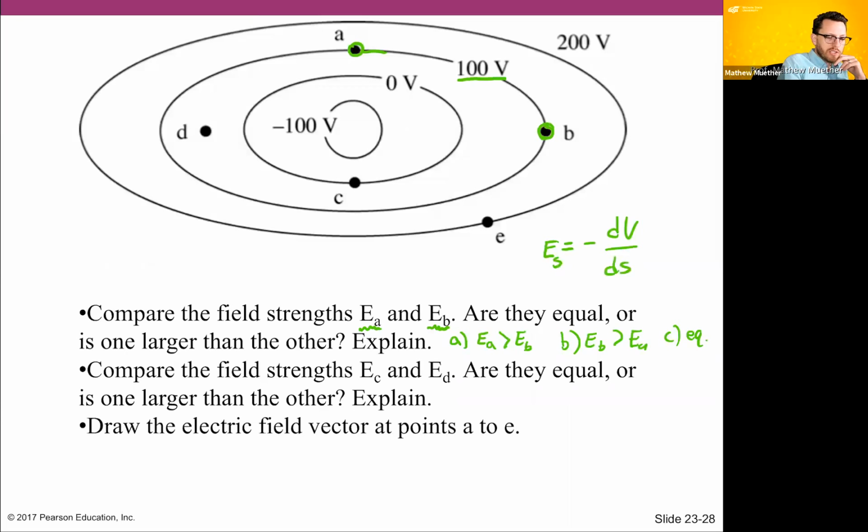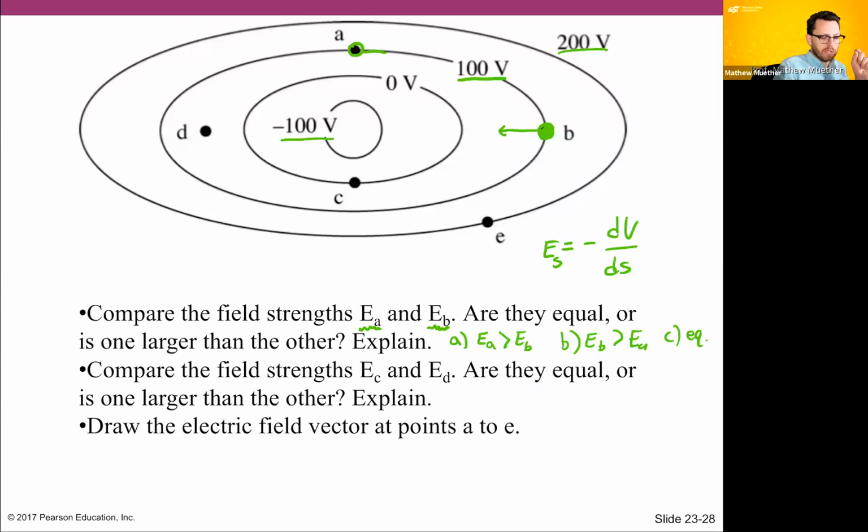What direction does the electric field point? Well, the electric field always points from higher values of potential to lower values of potential. So I can see I have high values of potential, positive 200 here out in these larger ellipses, and I have smaller values down here at the smaller ellipses. So my electric field is going to point towards smaller values of the potential.